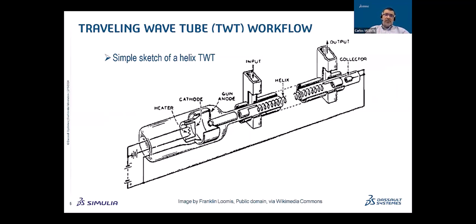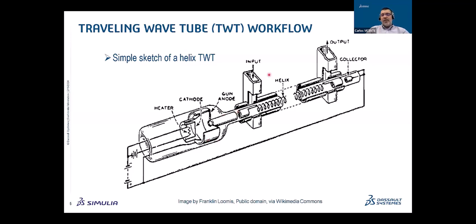This is just to show you what a TWT is. This is a very simple sketch of it. The important aspect is to realize that we have three main parts in a TWT, a helix TWT in this case. The first one is the electron gun part, where you are generating the electron current.